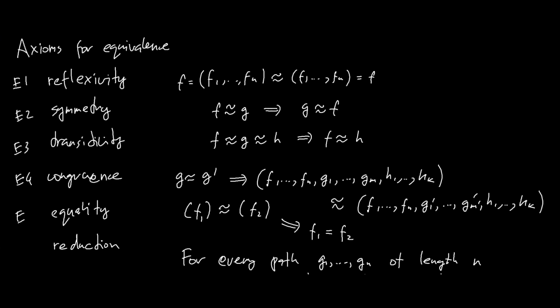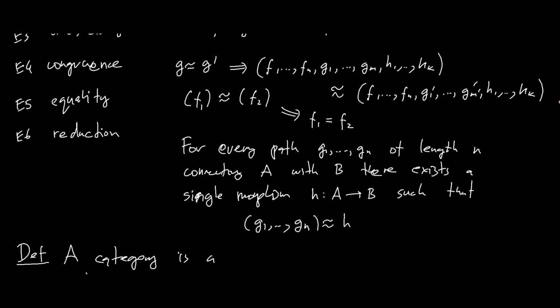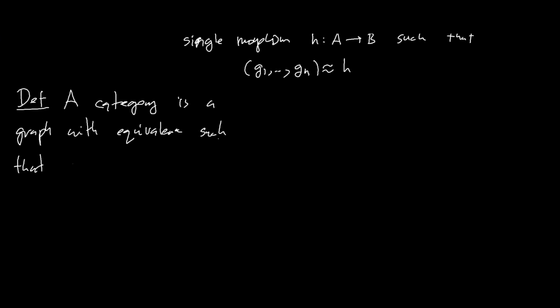Okay, let's see where we are. So yes, I think it is the same. So this is E5 and this is E6. So a category is a graph with equivalence such that all of these axioms, E1 to E6, hold.